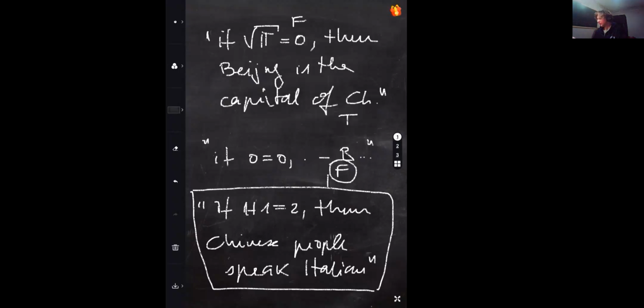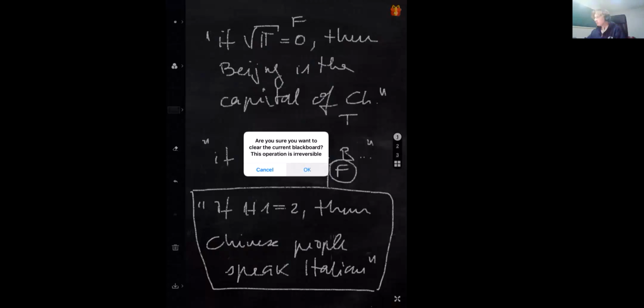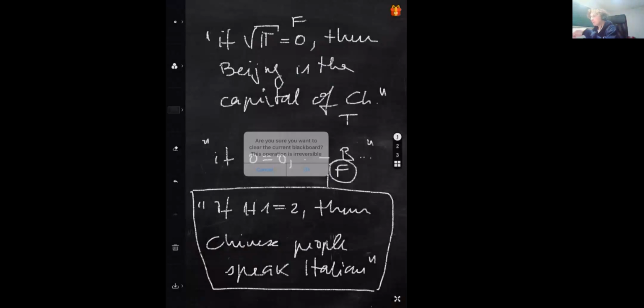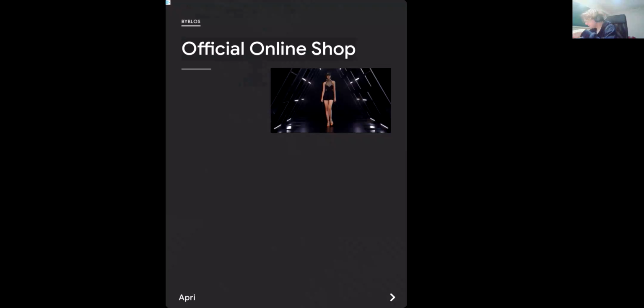But in any case, what I want to say, and I think you have got the point by now, is that to prove an implication, if this, then that, you start here.